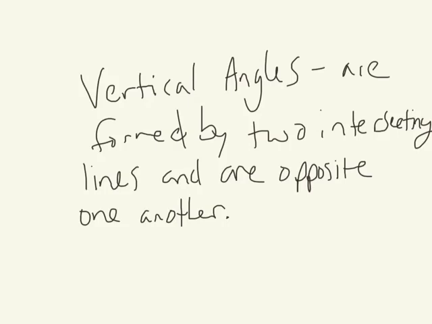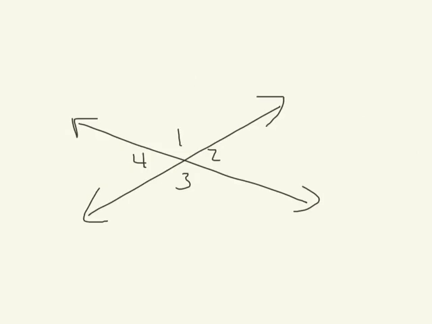So, if we go ahead and look back at our previous example, we would say 1 and 3 are vertical angles because, as you can see, we have our 2 intersecting lines and these 2 angles are opposite one another. Now, vertical angles also have another special feature because vertical angles are also what you would call congruent angles, meaning that the angles have the same measurement. So angles 1 and 3 would be equal to the same thing.